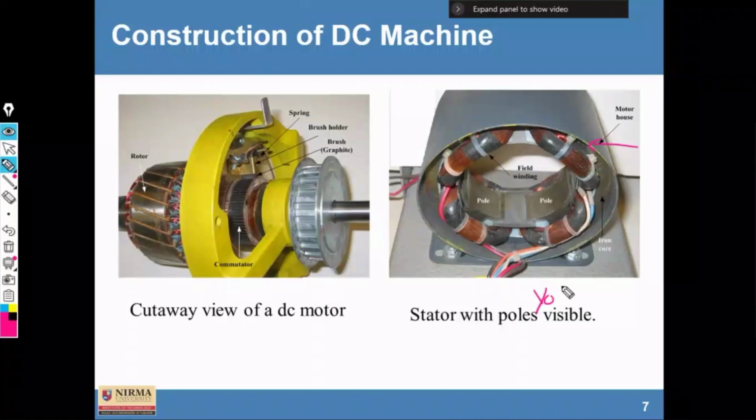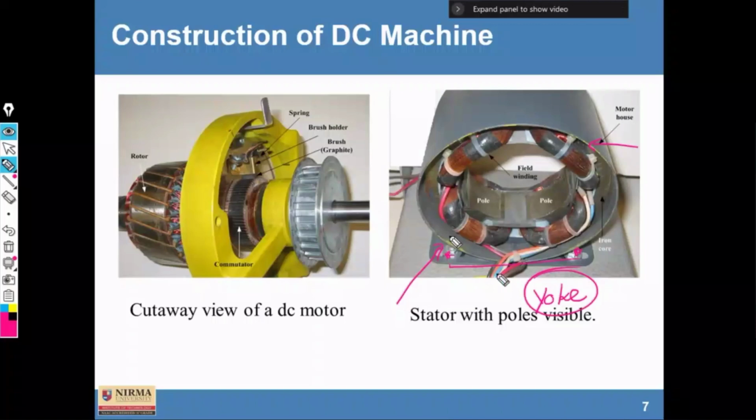Clear? So that it is not a smooth surface and it is fixed, where the friction is zero. Clear? Now this whole portion which is shown here is the stator, because in this part all things are stationary.